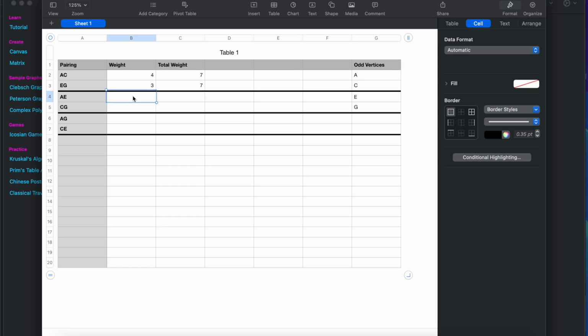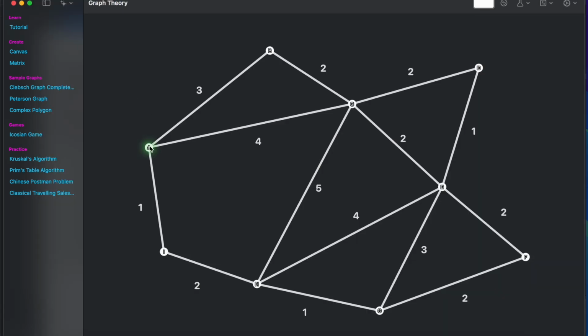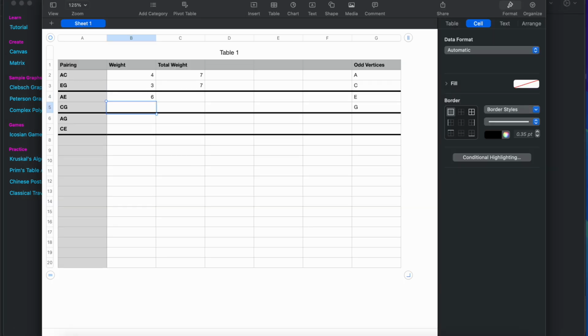Next, let's consider A paired with E. So here is A. Over here is E. We have a couple different options to go from A to E. It looks like I can go from this edge of weight 4 and then this edge of weight 2 for a total weight of 6. And that is going to be the shortest path between those two vertices. So from A to E, we have a total weight of 6.